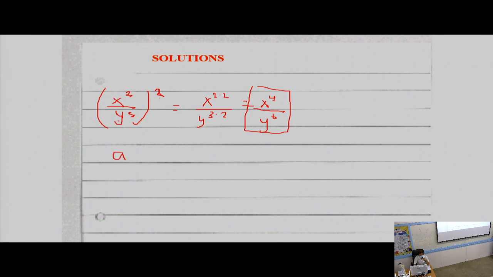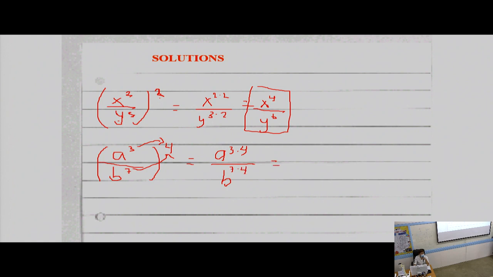A to the power of 3 over b to the power of 7, all to the power of 4. What would be our answer? That is a to the power of 3 times 4 over b to the power of 7 times 4.